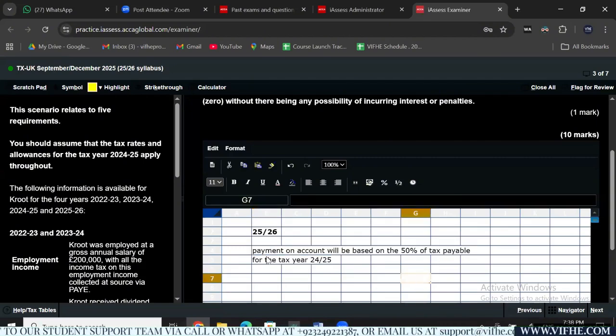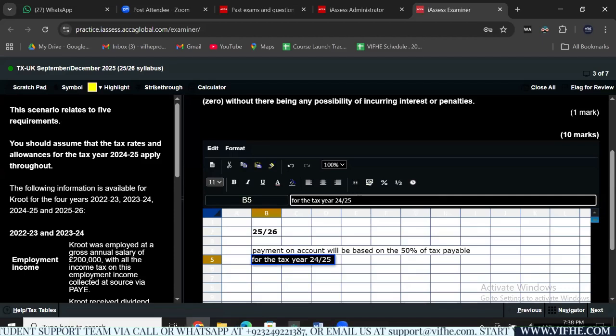Its 50% shall have to be taken into account. So it's like 20,039, its 50% shall have to be taken up. Can you please tell me what will be equal to 50% of the previous year's tax payable figure? I believe this is going to be 10,019.